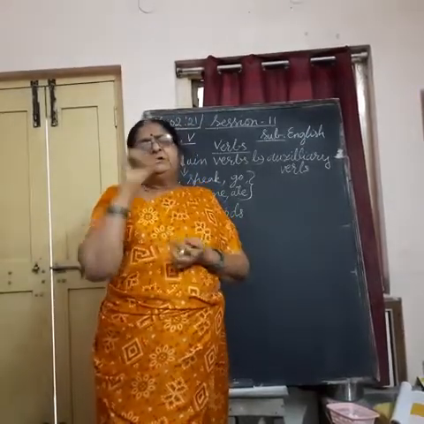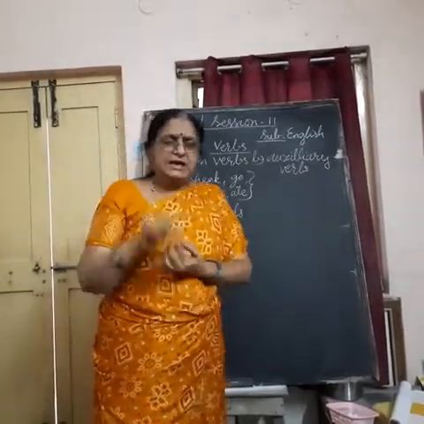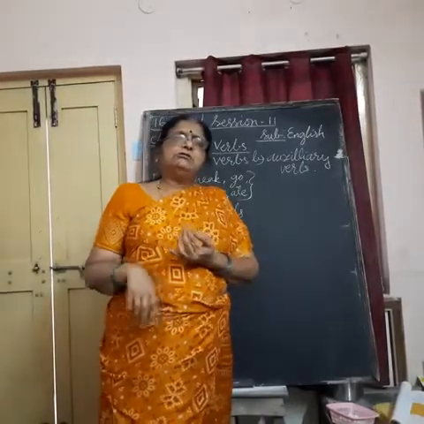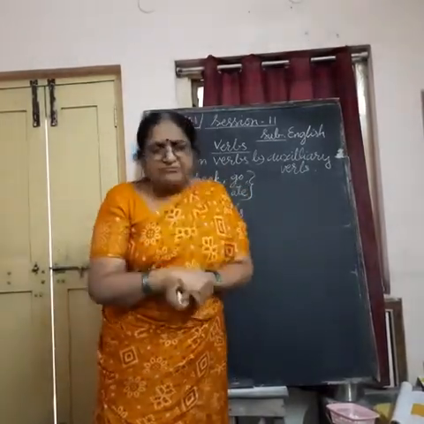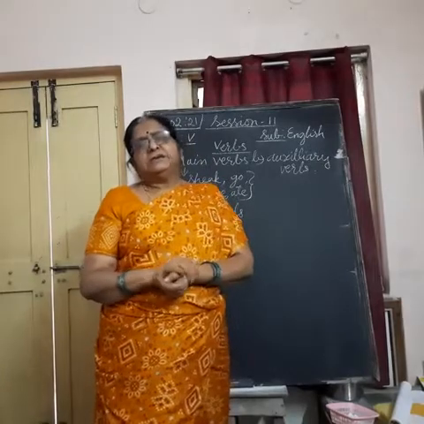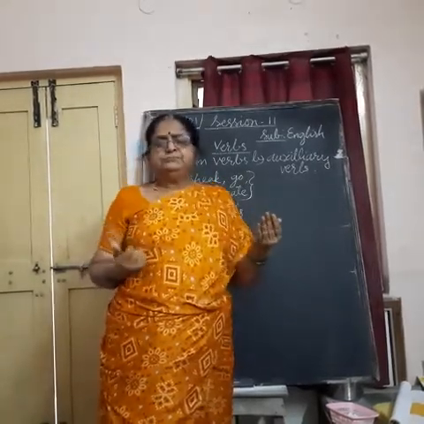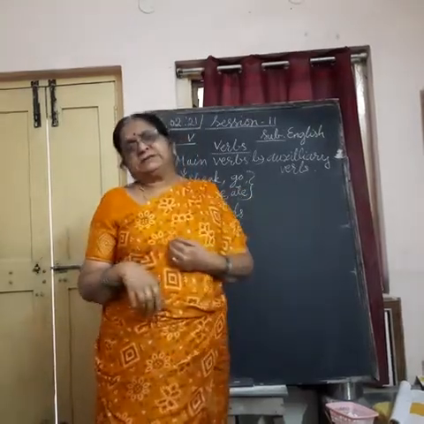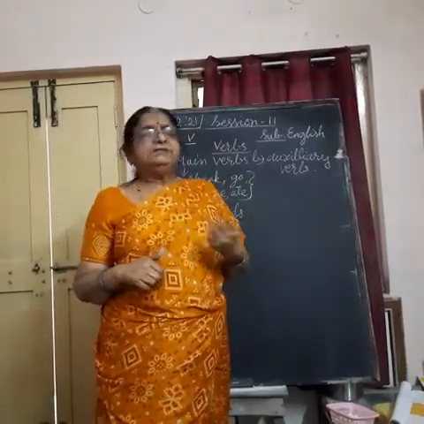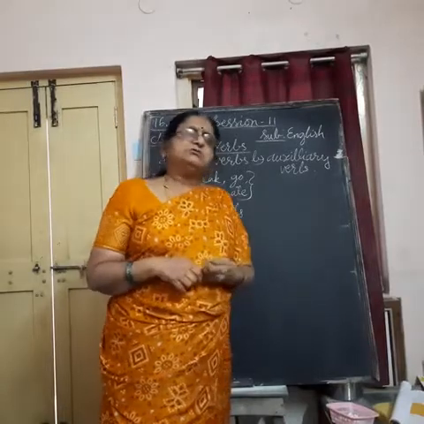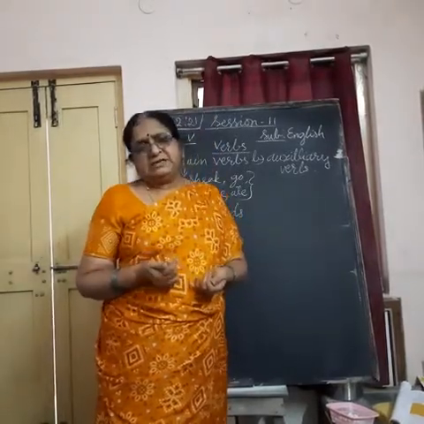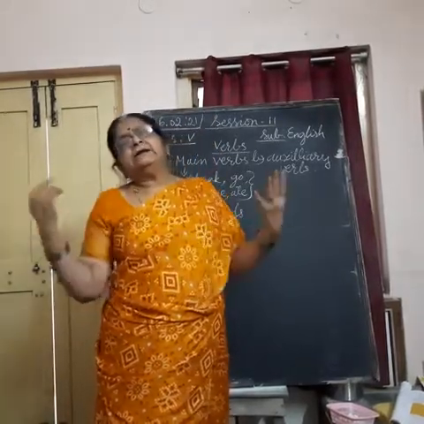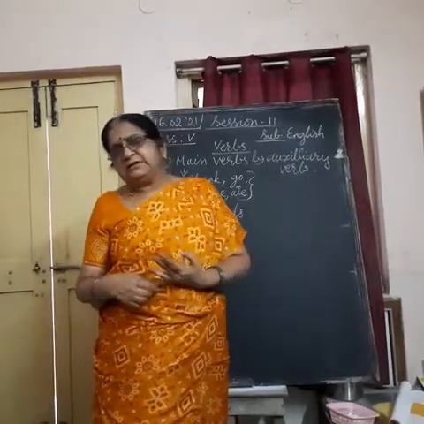Auxiliary verb is the verb which helps us to form the tense of a sentence. Secondly, it helps us to form negative sentences also. So, in which way? How does it help to form the tense of a sentence, or how can it help us to form negative sentences?